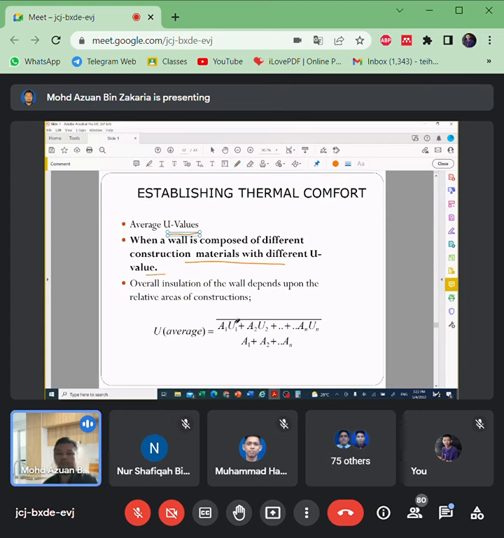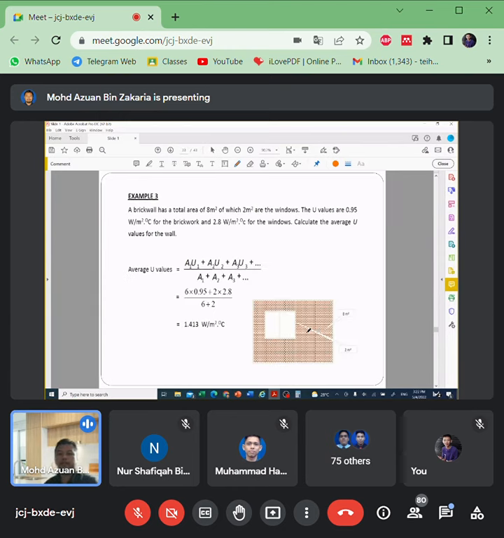So A1 is area 1 of U1 plus area 2 of U value type 2, and so on, and then divided by total area.